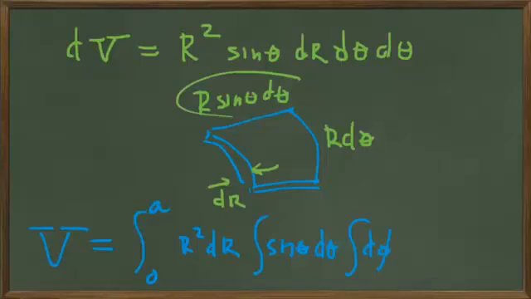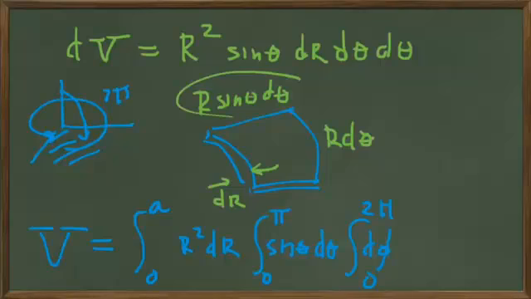And when we trace out the angles, the angle coming down from the z-axis only needs to go from 0 to pi, because that takes us all the way down to this plane, right? But in tracing out the phi angle, we have to go all the way around from 0 to 2 pi.